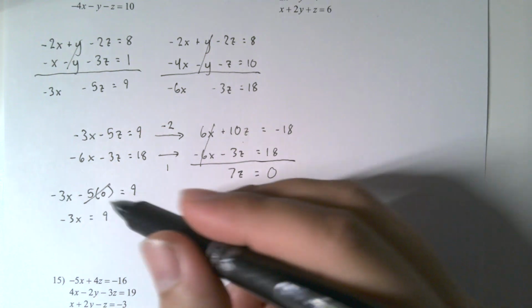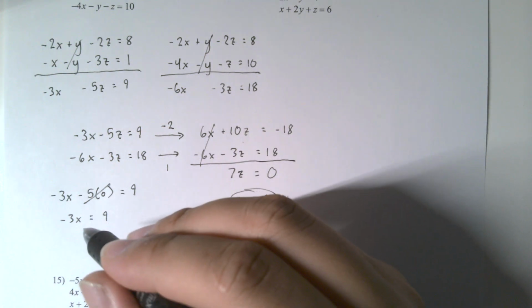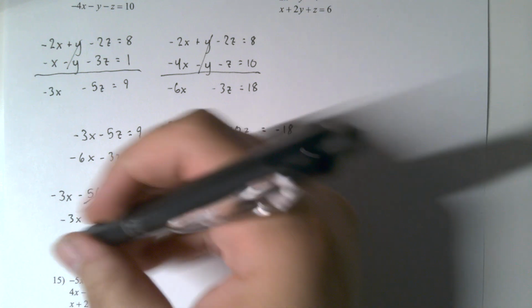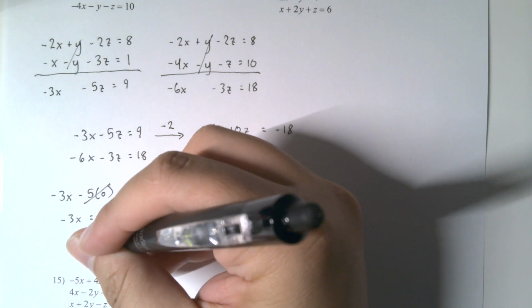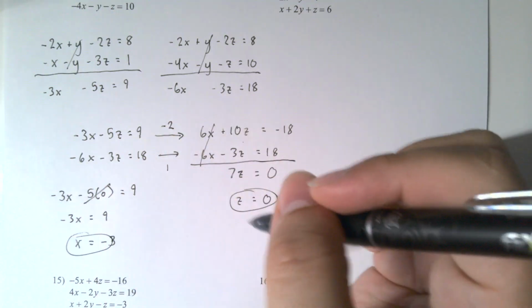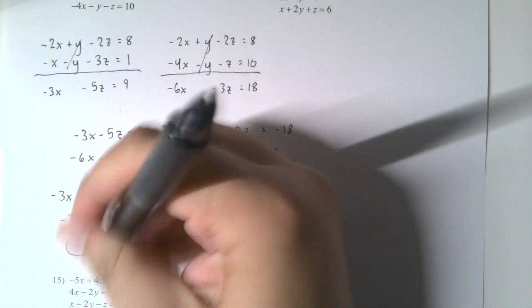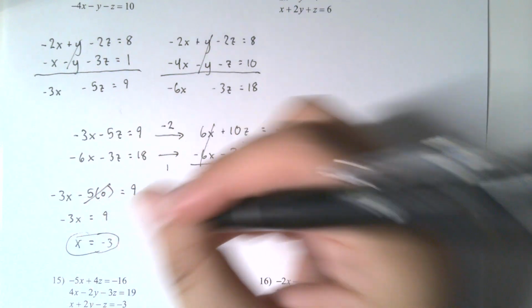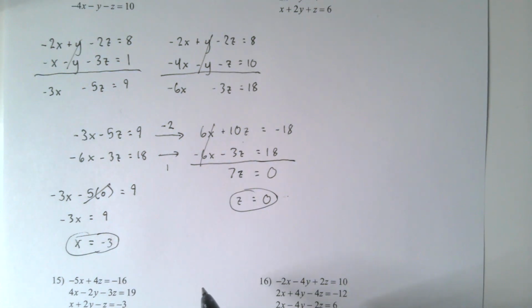And then that's equal to 9. Negative 3x is equal to 9. We can just divide by negative 3 to get x by itself. Dividing by negative 3 on both sides, that's going to be negative 3. Circled that kind of poorly. There we go. So x is equal to negative 3.